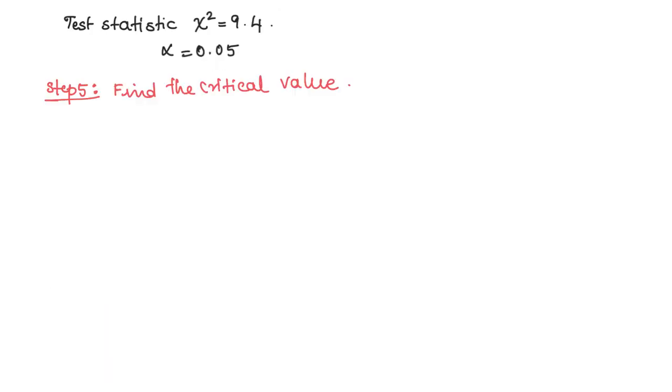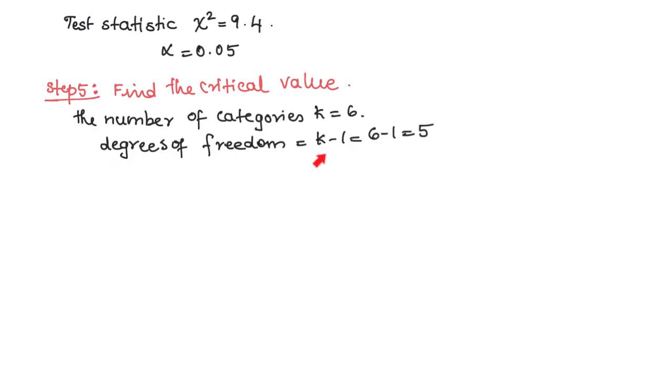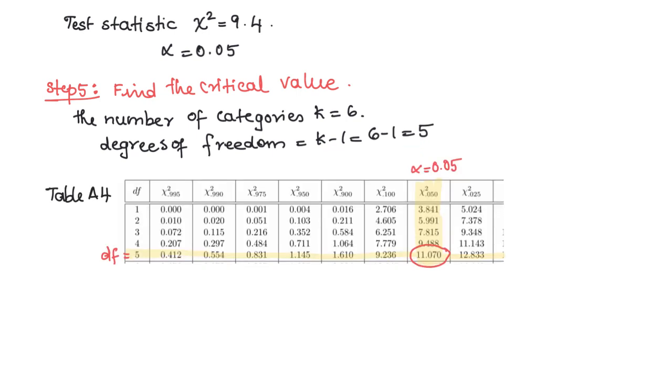Step 5, find the critical value. There are 6 categories, so k equals 6. The number of degrees of freedom is k minus 1, so that will be equal to 5. In table A4, look at the row corresponding to the degrees of freedom 5 and the column corresponding to the significance level alpha, and find the intersection.